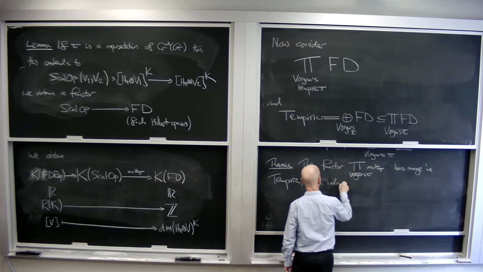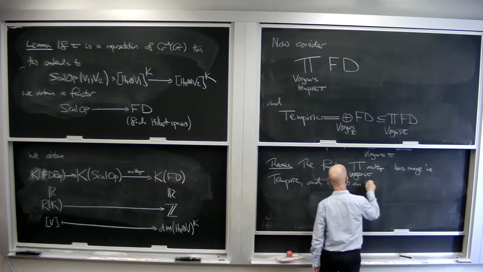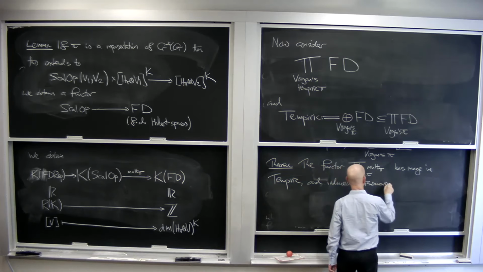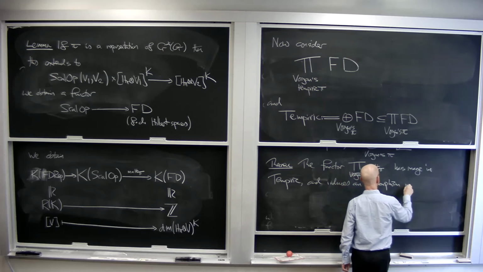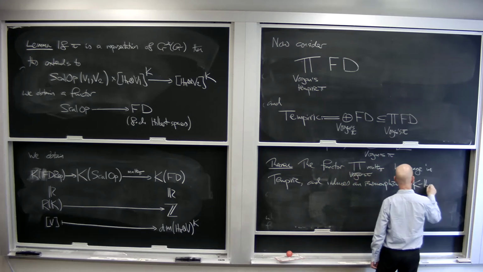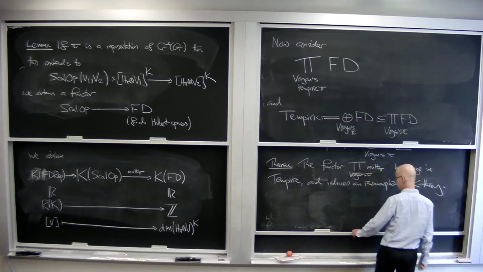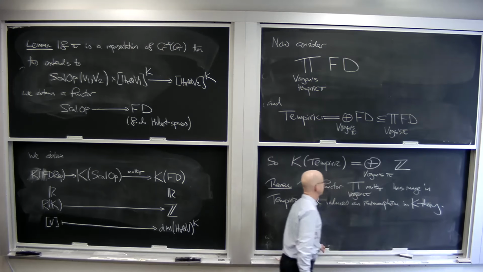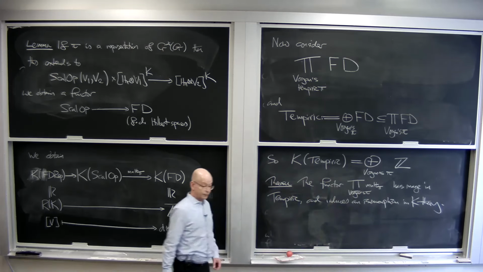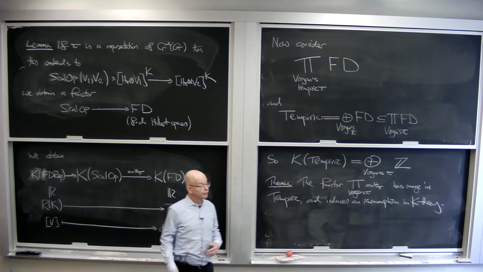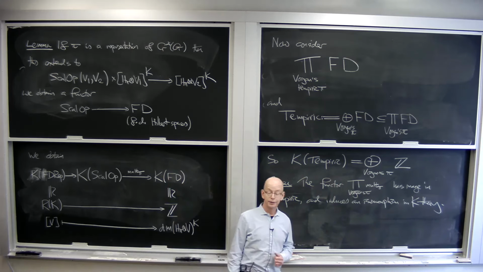And it induces an isomorphism in K3. So we're talking about Vaughan's representations in some meaningful way.